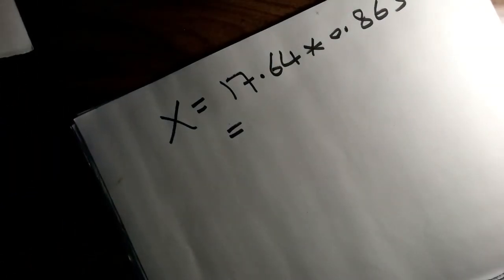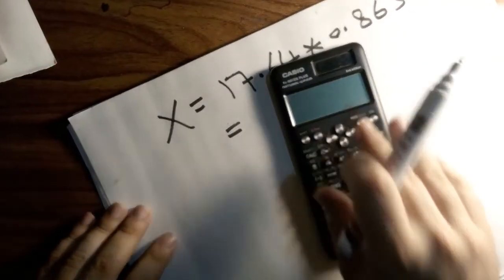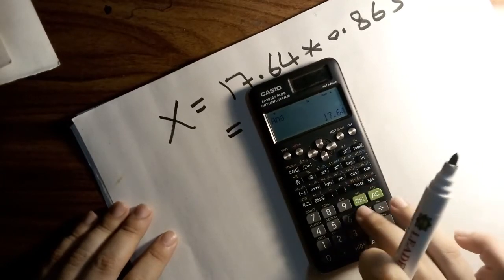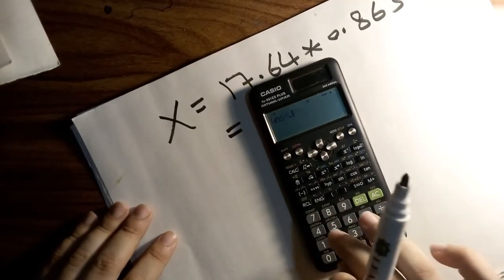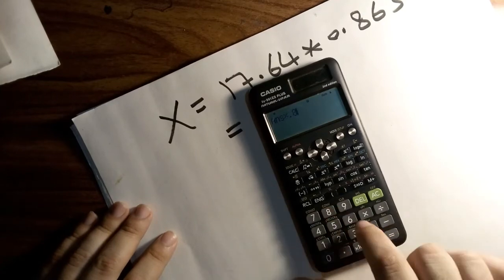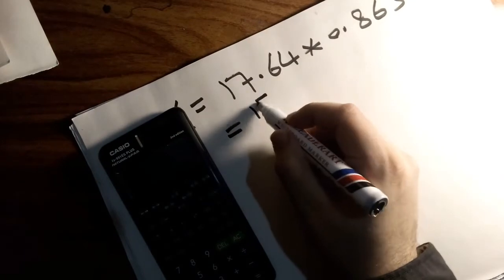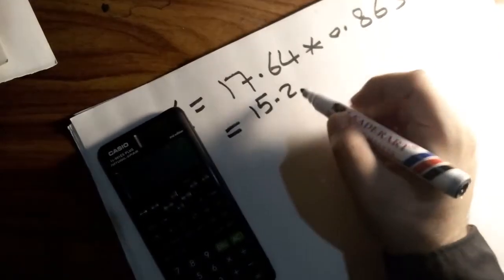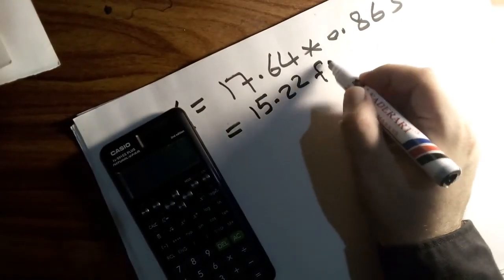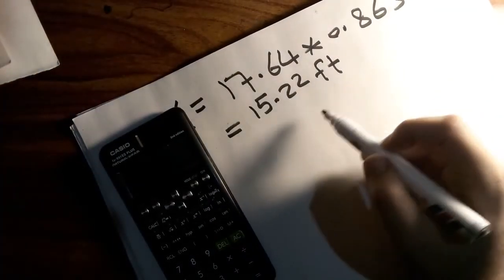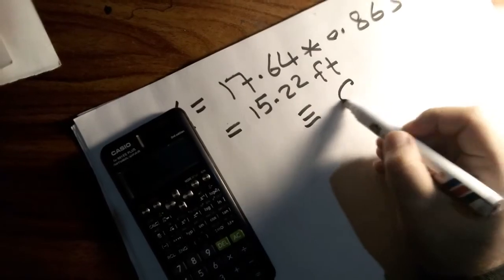So the horizontal distance equals 17.64 multiplying 0.863 equals 15.22 foot, and the right answer is almost C.